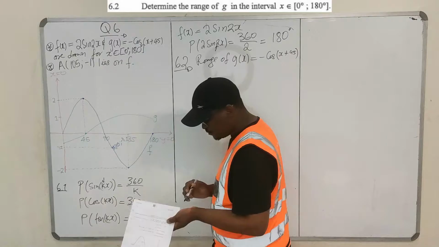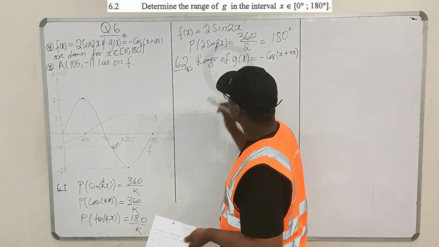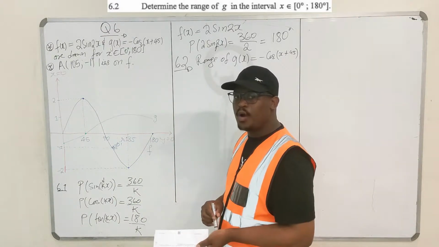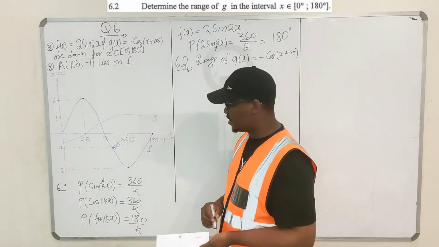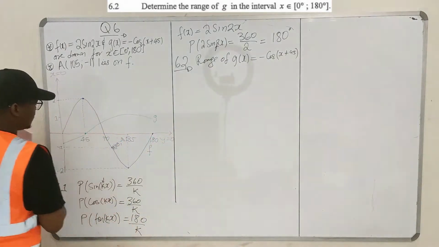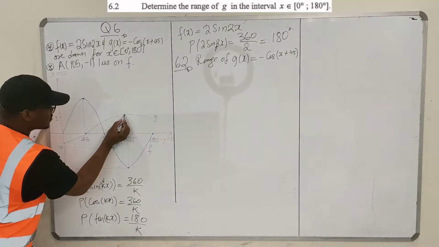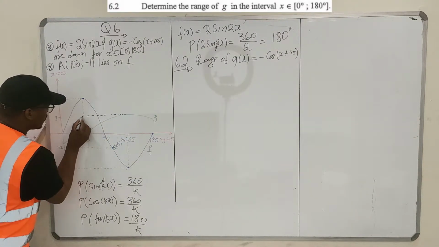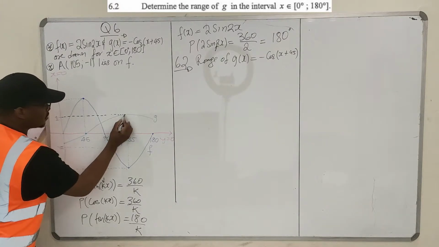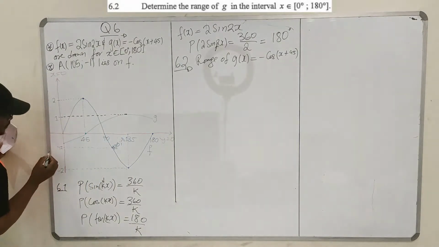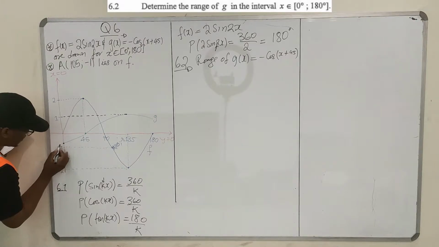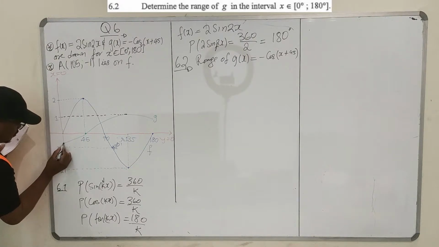The range is the set of y values that your function uses. This function g is this green function here. You know that the maximum value of this function is 1, and the minimum value of it is this value here.